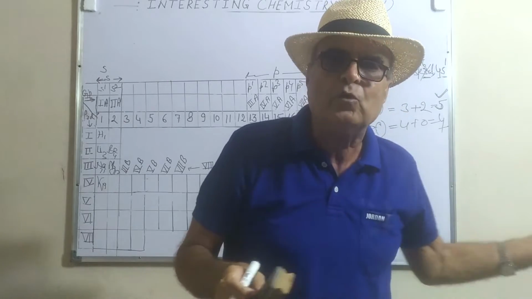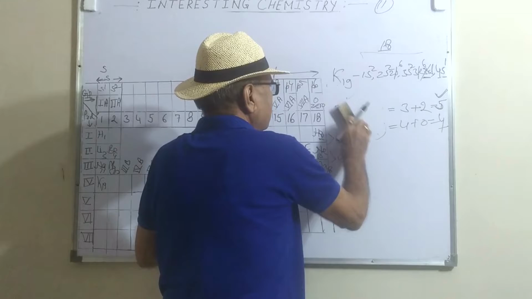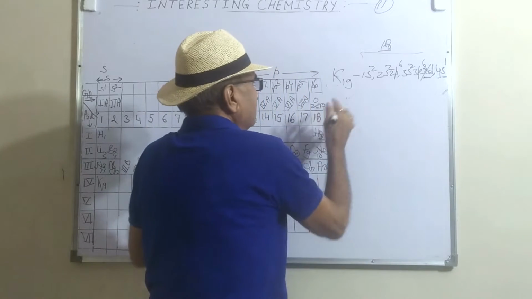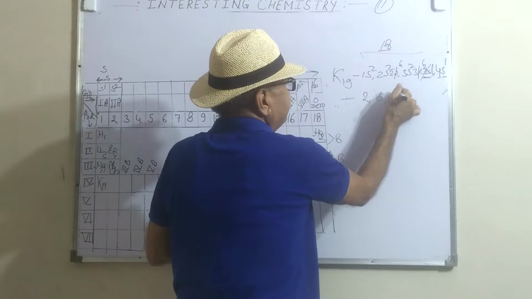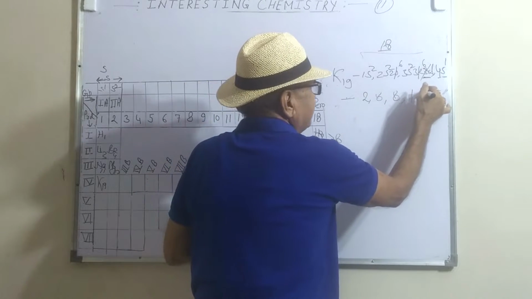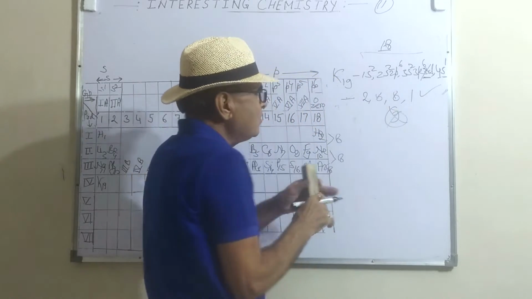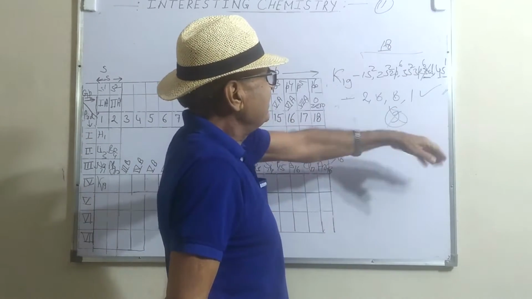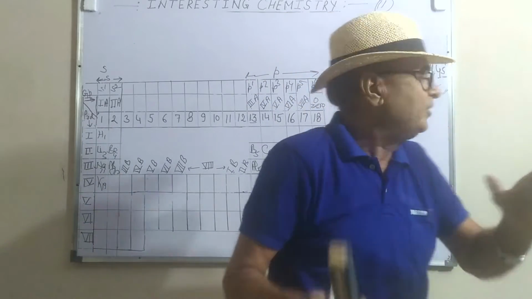I will explain more later on. So I think you have understood that the electronic configuration 2, 8, 8, 1 is correct. The entering electron will not go to 3d.